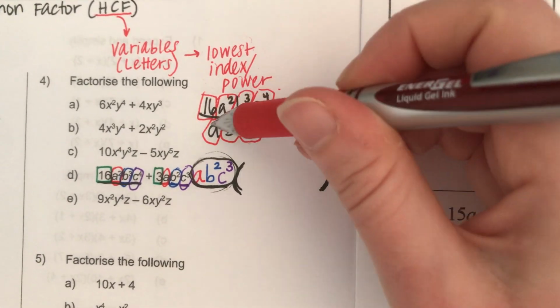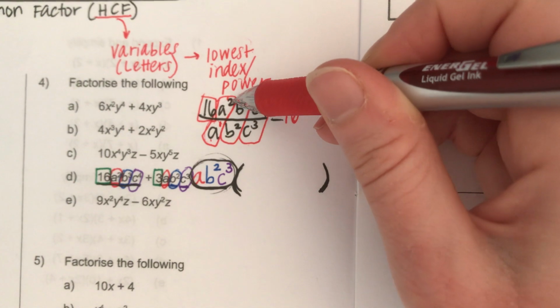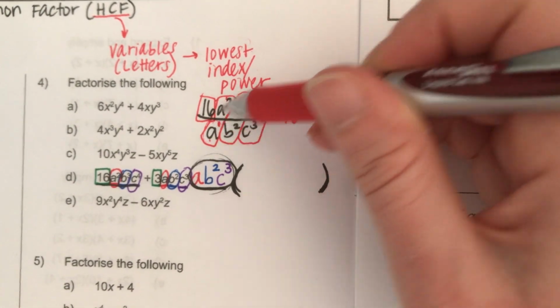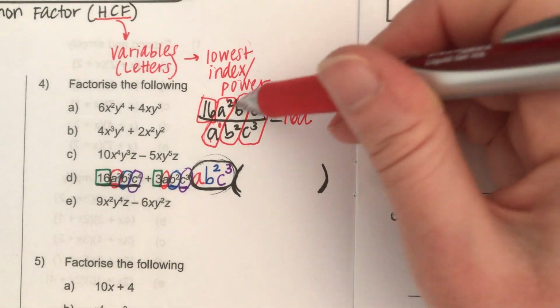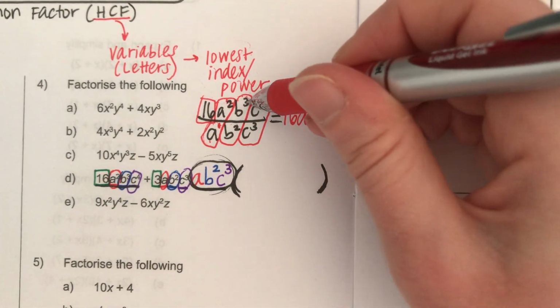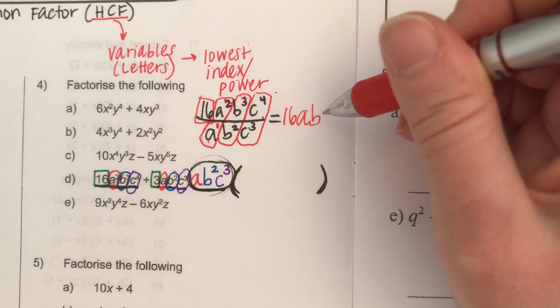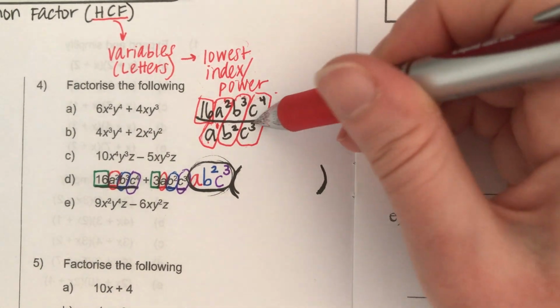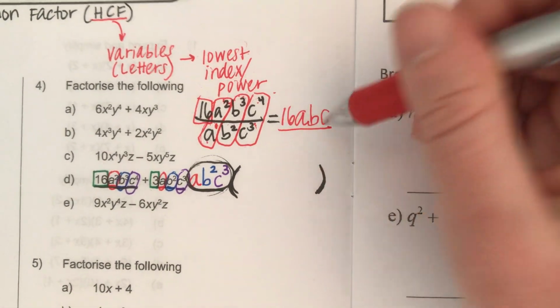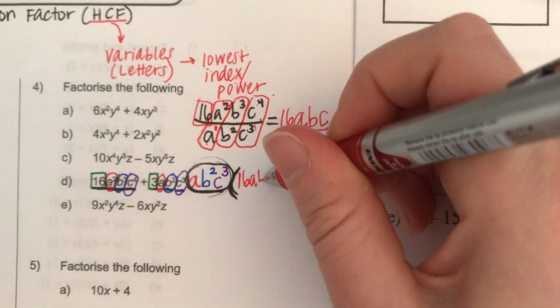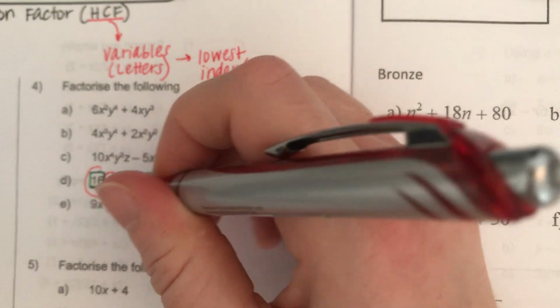I have a squared divided by a to the power of 1. 2 take away 1 is 1, so we just have a. And then I have b cubed divided by b squared. 3 take away 2 is b to the power of 1. And then c to the power of 4 divided by c to the power of 3. 4 take away 3 is also 1, so I'm just left with 16abc. That was just my first term, right?